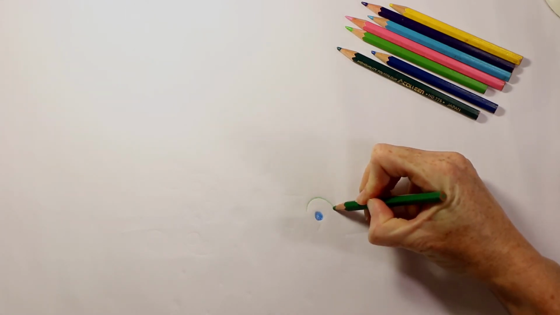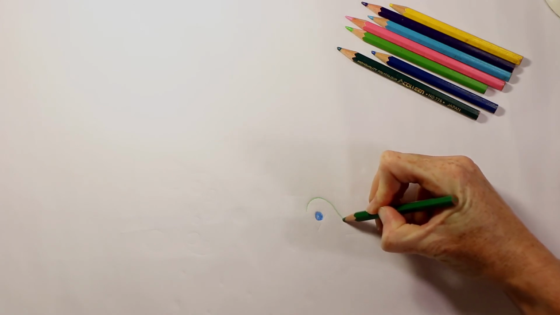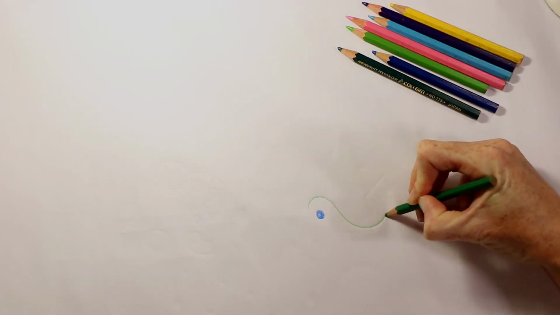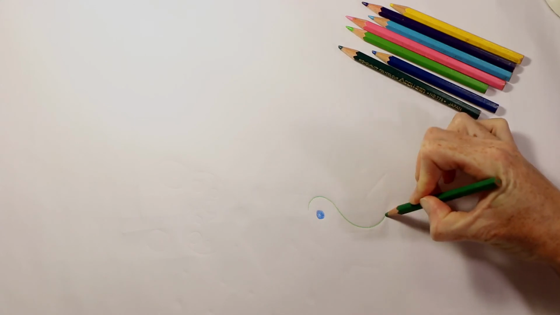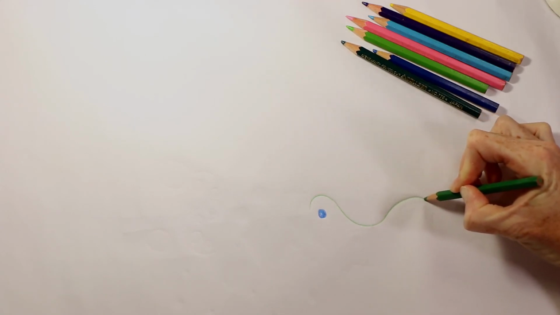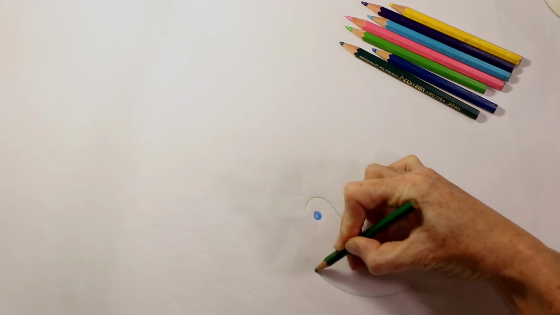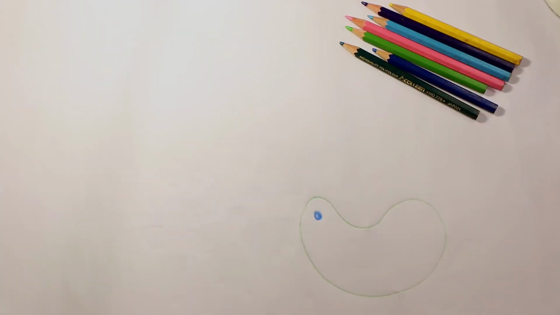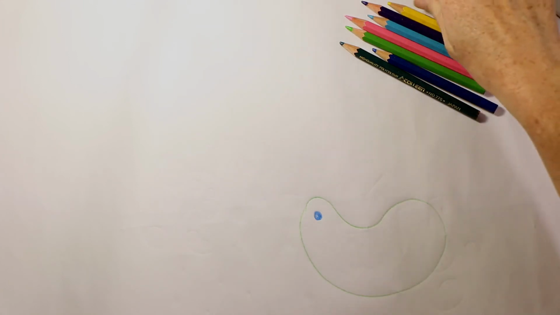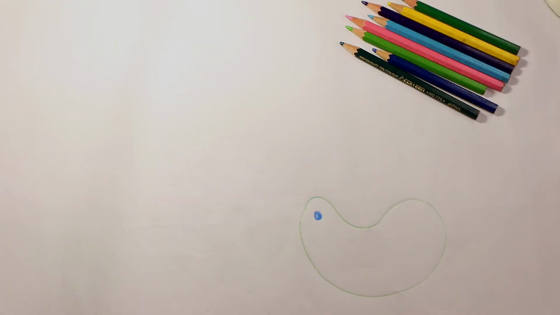And when you stop, let's keep it curved round the bottom and take it up and round the bottom and join it. There we go. That almost looks like a kidney bean.